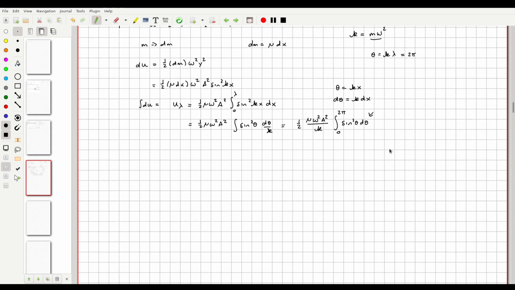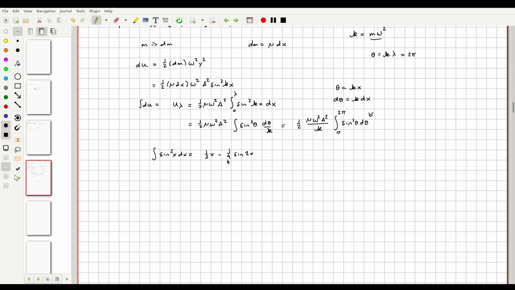And it's not a bad integral to do. You can actually look this particular integral up. In fact, if you integrate sine squared of x dx, you get 1/2 x minus 1/4 sine of 2x.